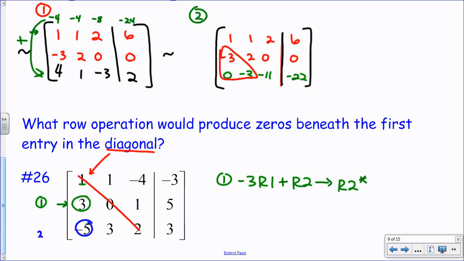Now, let's see how we get a 0 here. I'm going to use row 1 again. So what would I multiply row 1 by then?